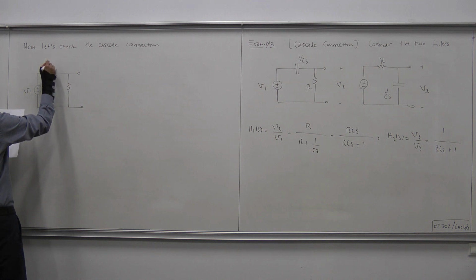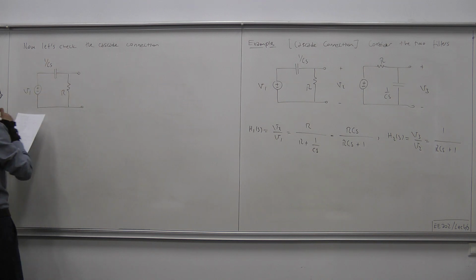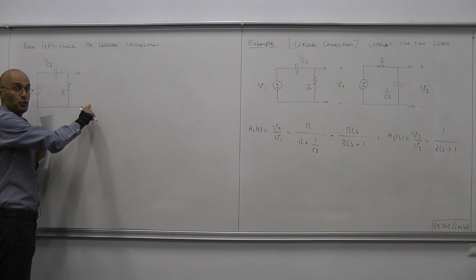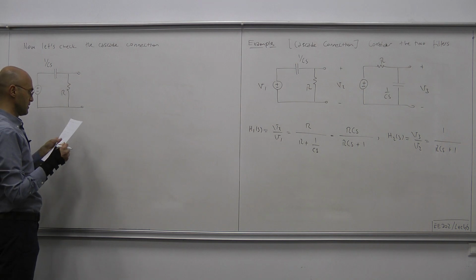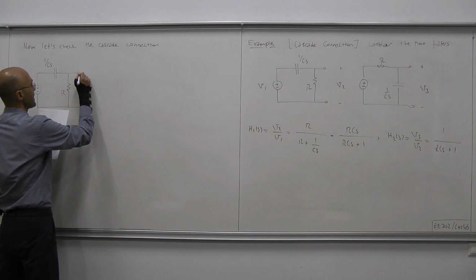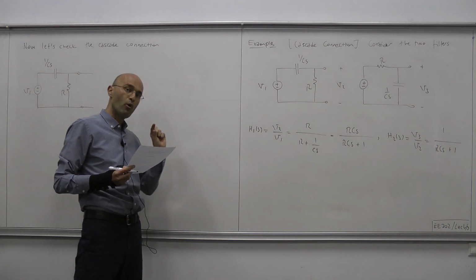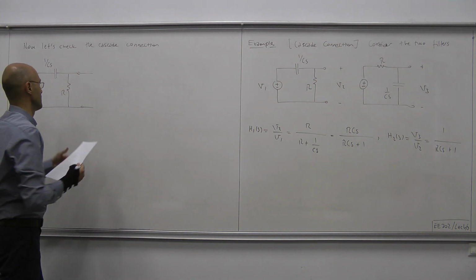V1, 1 over CS R. So this is the output port of your first filter, and then what you do is you connect that pair of terminals to the input port of your second filter.